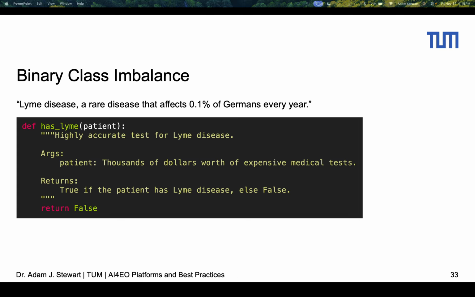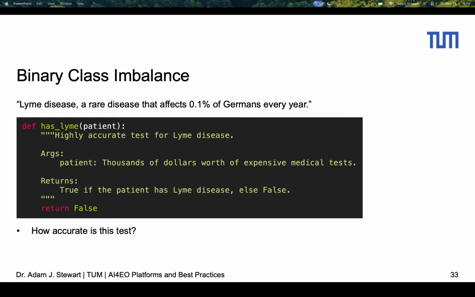The input is thousands of dollars worth of expensive medical tests, and the output is true if the patient has Lyme disease, otherwise it's false. And it is hard-coded to return false. Let me ask you another question. How accurate is this test? What is the accuracy of this model if 0.1% of people are true?